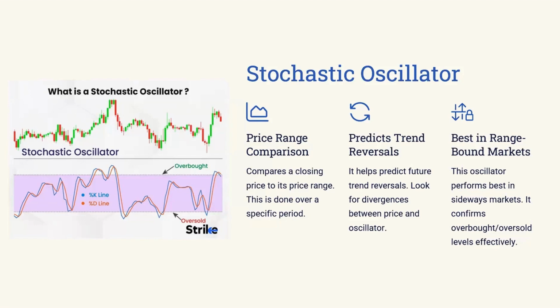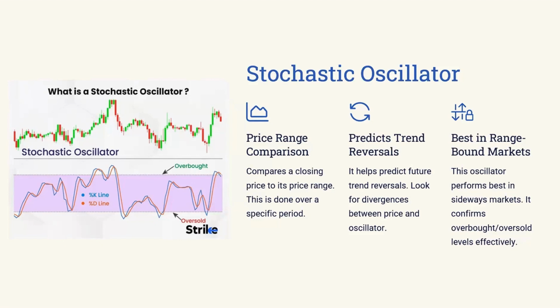When there's a bullish divergence, if the price makes a new low, but the indicator makes a higher low, it signals strengthening bullish momentum and a potential bullish reversal. Crossovers between the K and D lines also generate signals. Bullish crossover: K crossing above D can be a buy signal. Bearish crossover: when K crosses below D, it can be a sell signal.